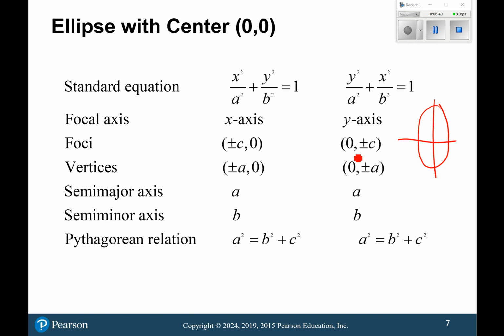Notice here for the foci and those vertices, we flip that around. So if it's on the y-axis, then the x-coordinate is 0. Now, a squared is equal to b squared plus c squared.